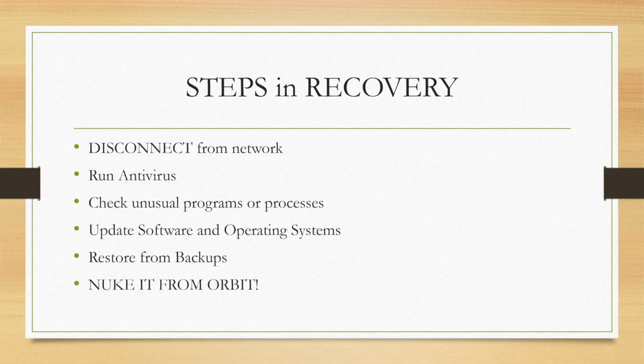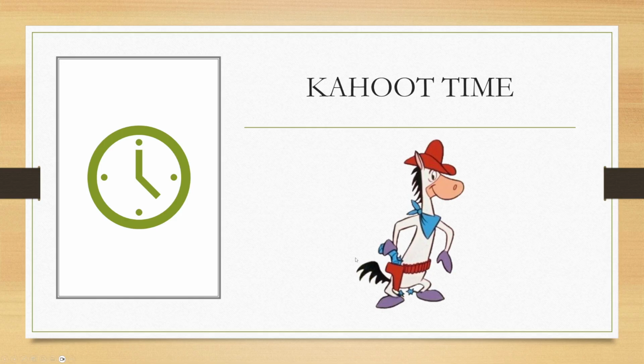In a worst case scenario, we may want to restore our backups. And then finally, I like to say seek professional help or otherwise nuke it from orbit. Do you really trust the system now, or should we completely wipe it, start it over, so we know that it's completely clean?